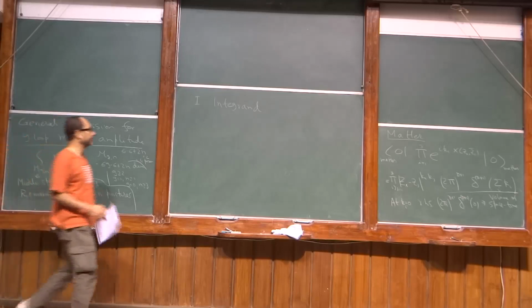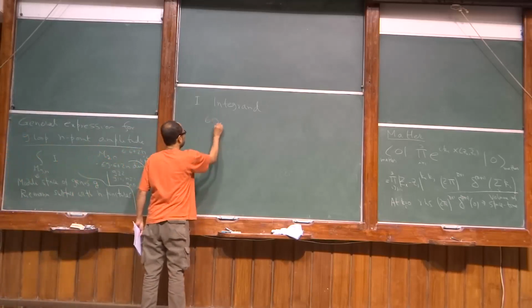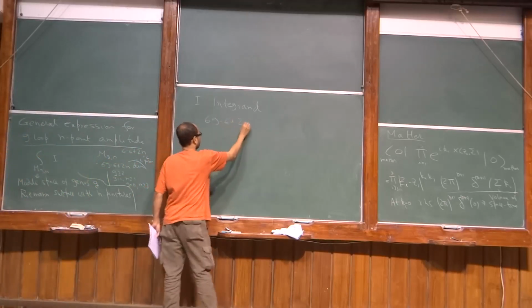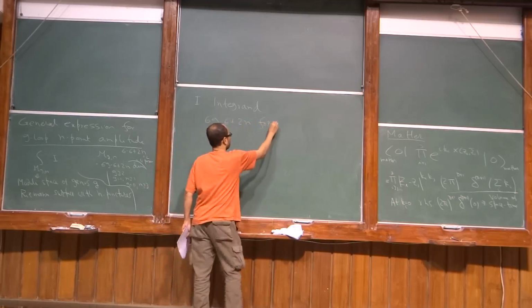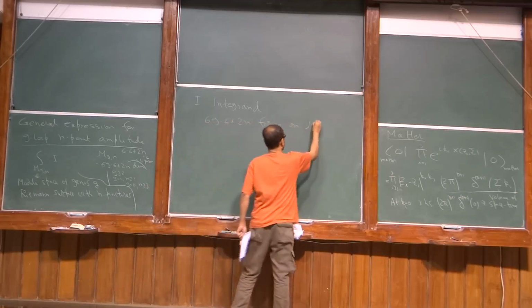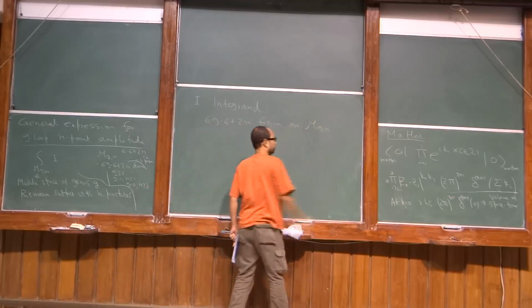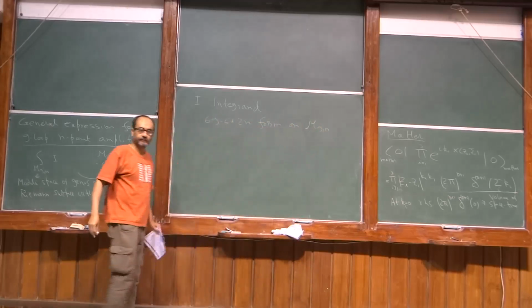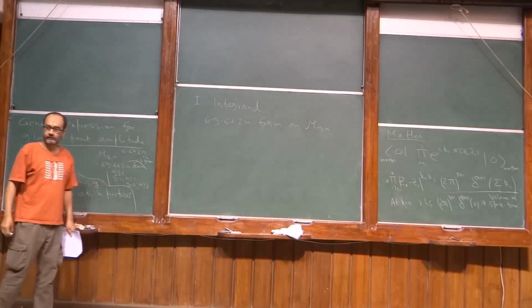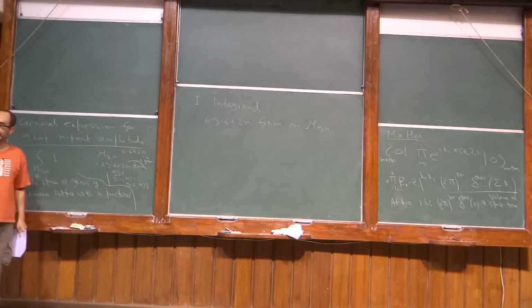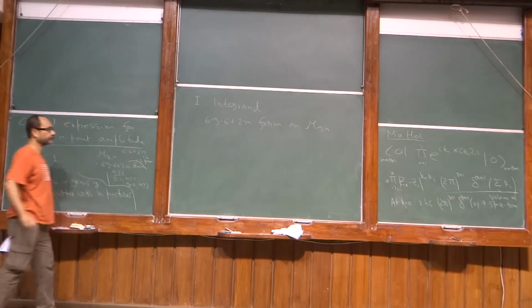So this is a 6g minus 6 plus 2n form. That's what you can integrate on a 6g minus 6 plus 2n dimensional space. These are real coordinates, this dimension is real.